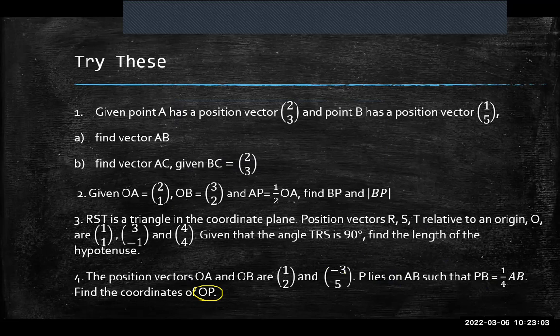You need to take the information that you're given and rearrange it so that you could get the vector OP. Just like what I was doing just now, they gave me OR, OS, OT, but I needed to find TS. So what did I do? I took the information that they gave me and I rearranged it so that I could find the vector TS. That's what you need to do. Take the information that they gave you, rearrange it in order to find OP. Just wanted to state that, right? Go ahead.